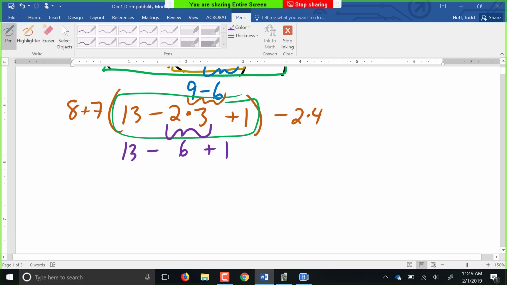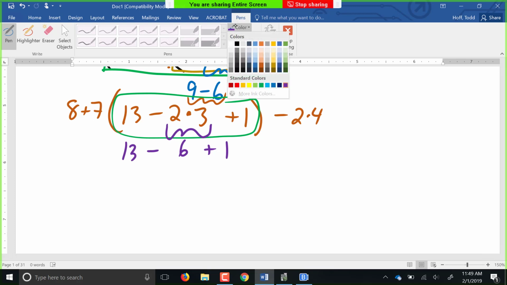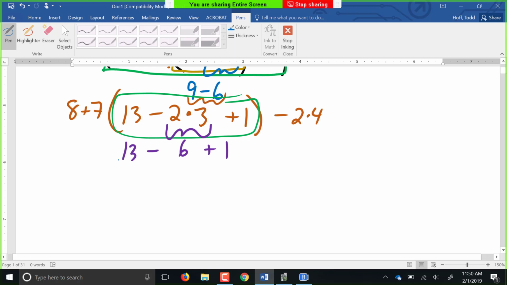I took out the 2 times 3 and replaced it with 6, and then I rewrote everything else. What is the next thing I have to do there? 13 minus 6, which is 7. And then, of course, plus 1 gives us 8.